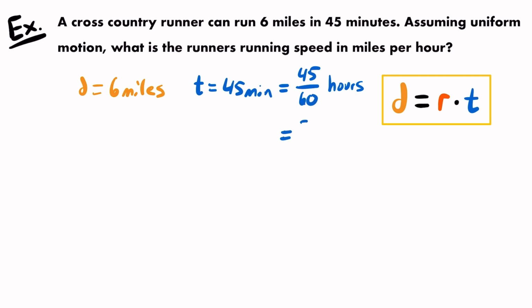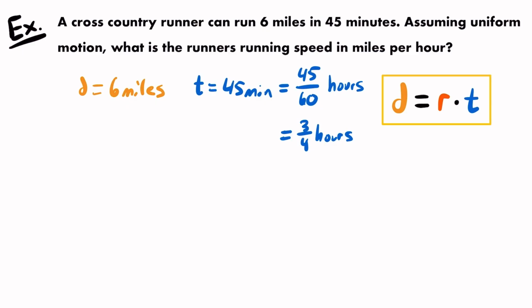So we would say that that is equal to 3/4 hours. Okay, so now our amount of time is in hours, which is what we want. So now when we set up this equation and solve for the rate r, which will be the speed, we know it will be in the correct units because our distance is in miles and our time is in hours, which means that that rate would have to be in miles per hour.